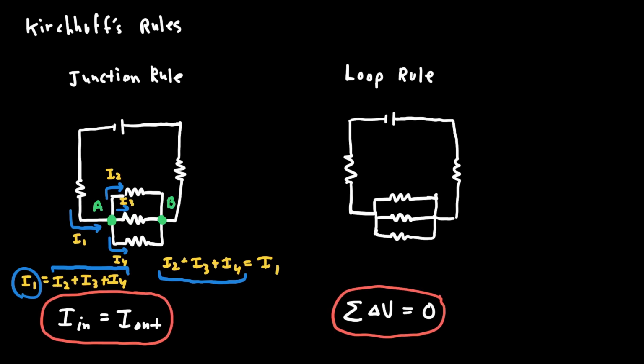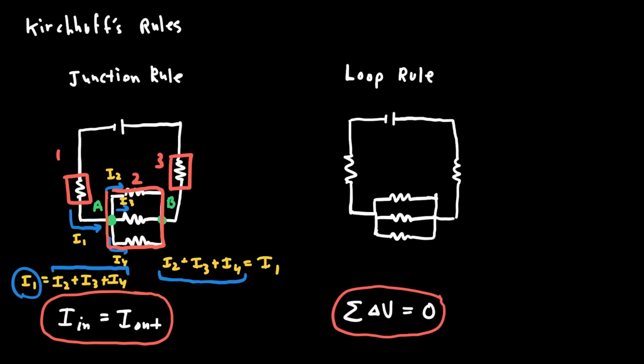What I mean by that is, yes, these three resistors that I have drawn are in a parallel arrangement, but that parallel arrangement is in series with these other two resistors. So I could combine the three parallel resistors into a single resistor, and then I could say that these three pieces of the circuit are in series.